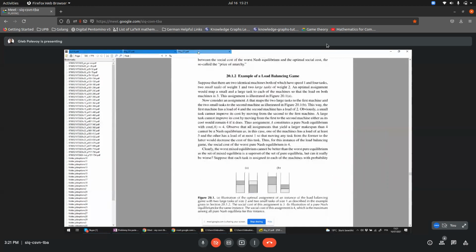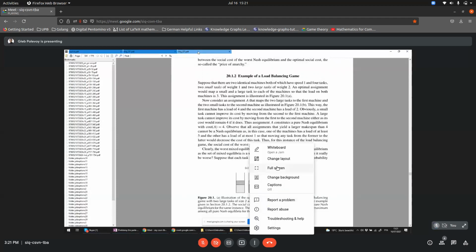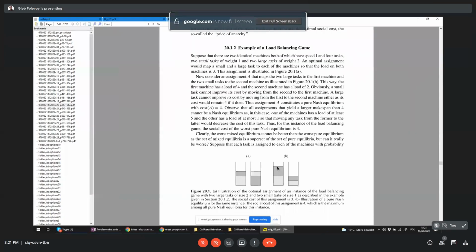Let me remind you of the example, which we saw in class. You had two machines and two tasks of weight 1 and two tasks of weight 2.